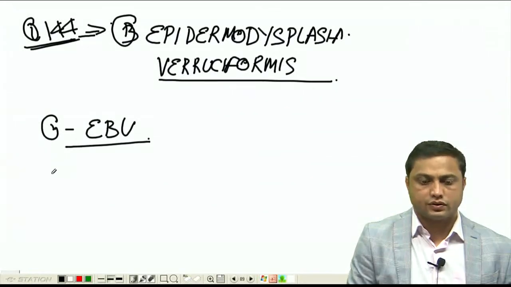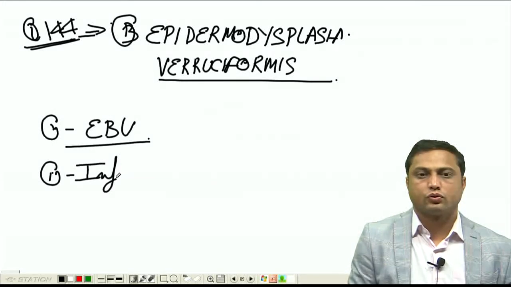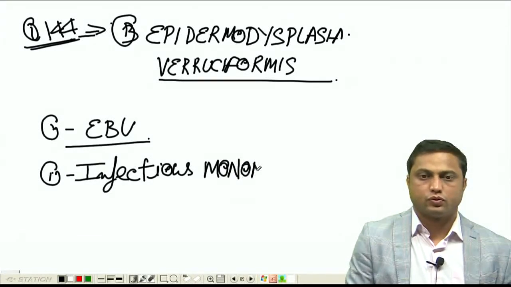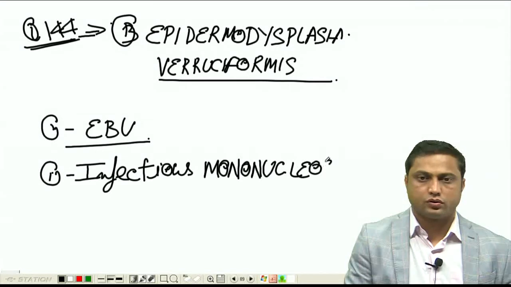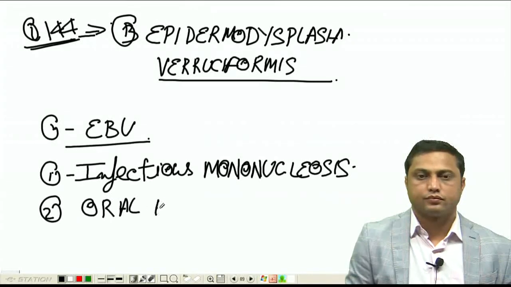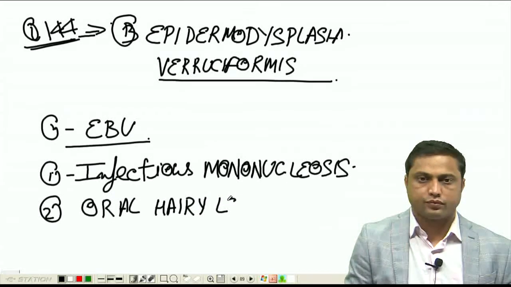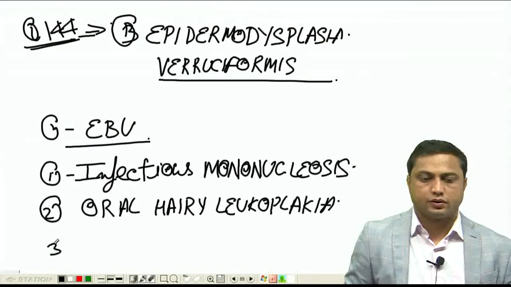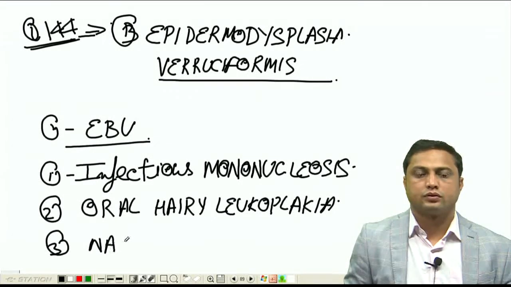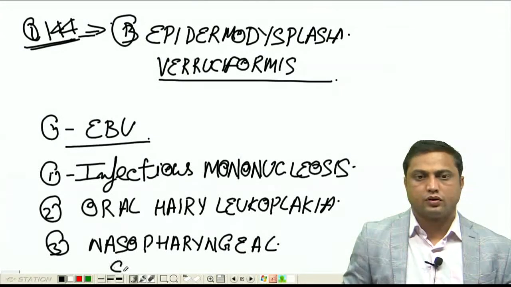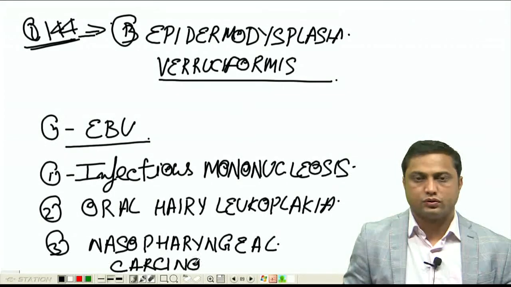Epstein-Barr virus is associated with infectious mononucleosis, oral hairy leukoplakia, and third is nasopharyngeal carcinoma.